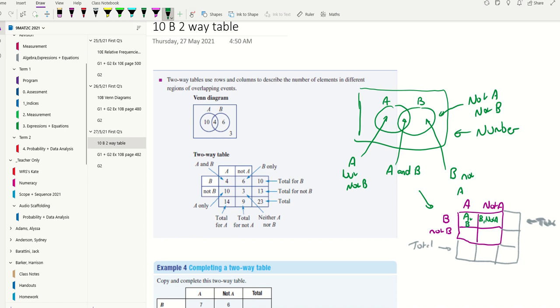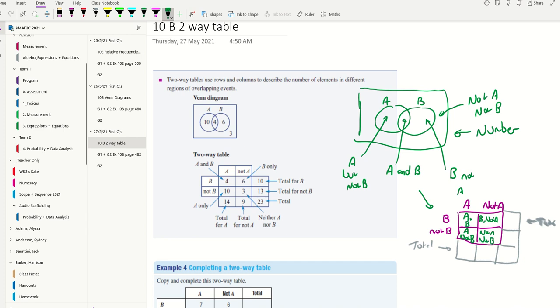In this row across here, I've got not B, and in the column I've got A. A, but not B. And in this spot here, I've got not A coming down there, not B. It's not both of them. So that's my not A, not B.